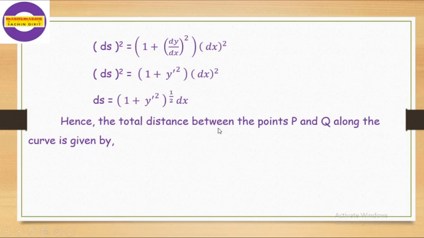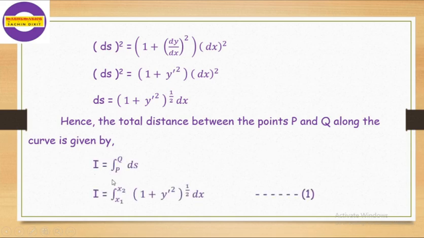Hence, the total distance between the points P and Q along the curve is given by integral from P to Q of ds, that is, integral from x1 to x2 of (1 plus y dash square) whole bracket raised to half dx. Equation number 1.